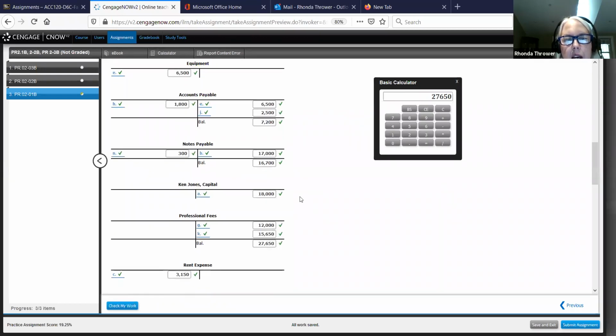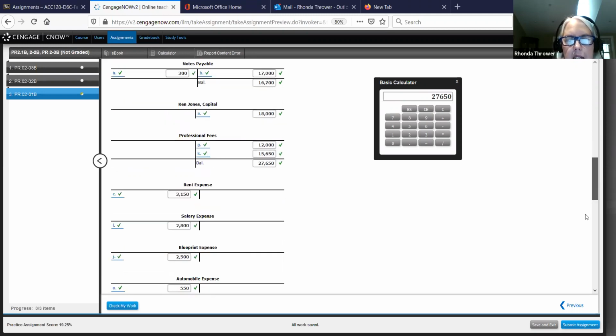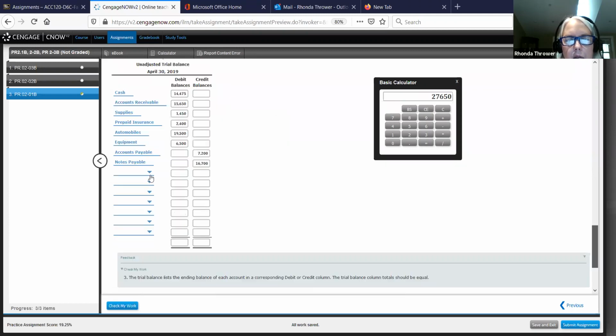The next account is capital. It only has a credit to it. This is the balance. The capital account has a balance of $18,000 right now. And that is a credit balance.